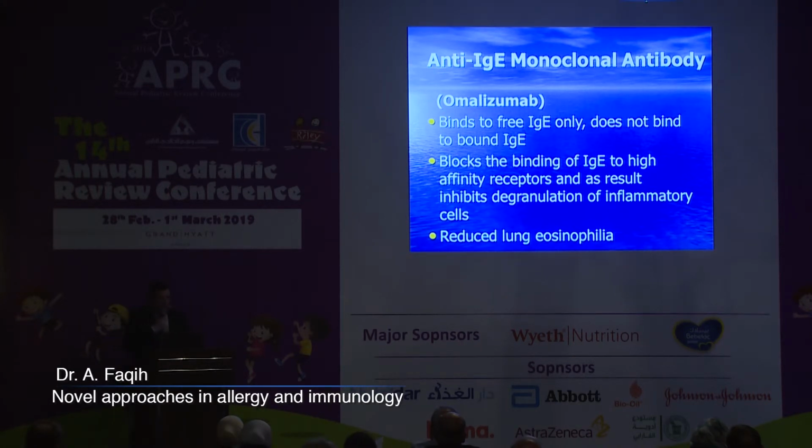Okay, anti-IgE monoclonal antibody is omalizumab. It's a humanized monoclonal antibody. It binds only to the C epsilon 3 of IgE, and as a result, it downgrades the receptors which the IgE binds to. In addition, it decreases the amount of IgE present in the serum, and the result is that we are decreasing the whole allergic process.